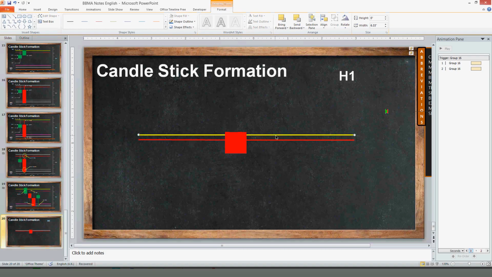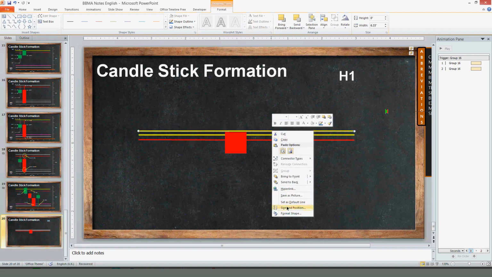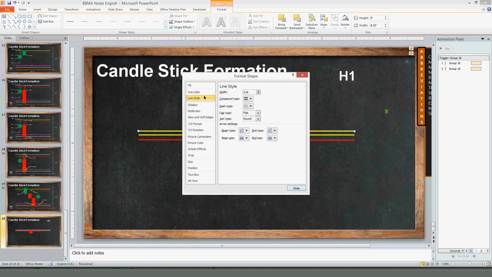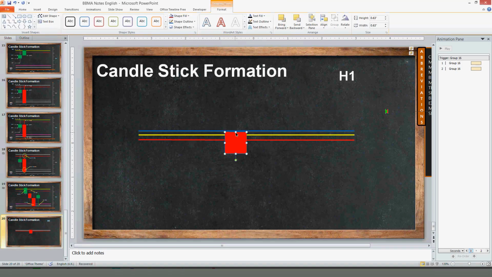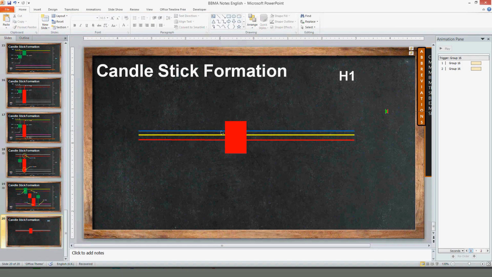Imagine you have another line available at this particular point, let's say the middle BB.